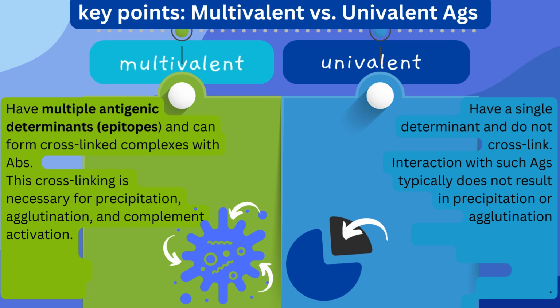And next, what's the difference between a multivalent and a univalent antigen? Monovalent and univalent are terms often used interchangeably to describe antigens with a single site of interaction, but they originate from different contexts.